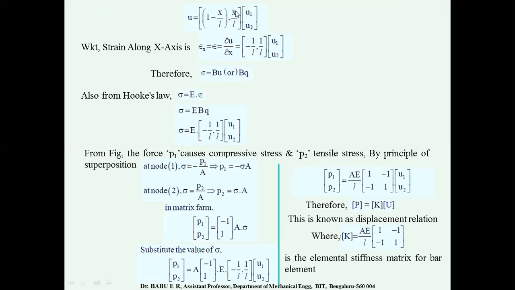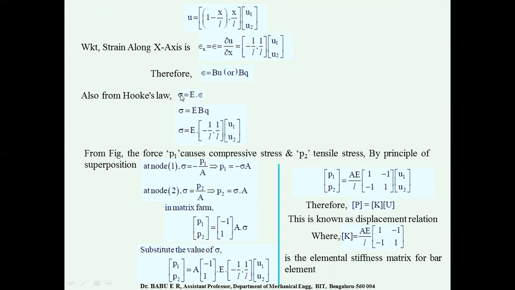Again differentiation of x by L is 1 by L, into u1 and u2. When you take 1 by L outside, you'll get 1 by L in the bracket minus 1 comma 1, which is nothing but the strain displacement matrix, represented by B, which I derived in the previous video. So strain is nothing but B into U or B into Q.